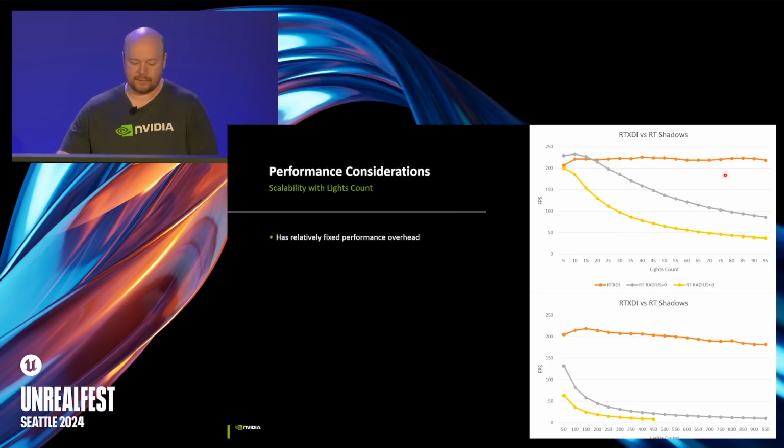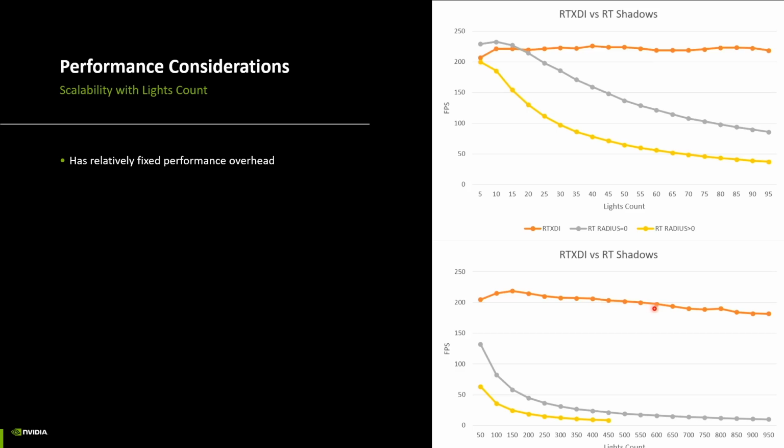And in the bottom chart, we have the same thing but extended out to 1,000 lights, and you can see that it's not perfect. There's some falloff, but we're still maintaining a very high frame rate. And I think some of this drop is something we can learn from and improve.